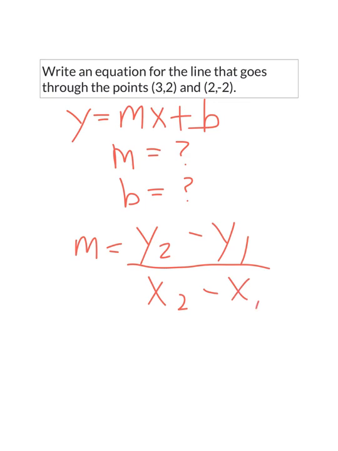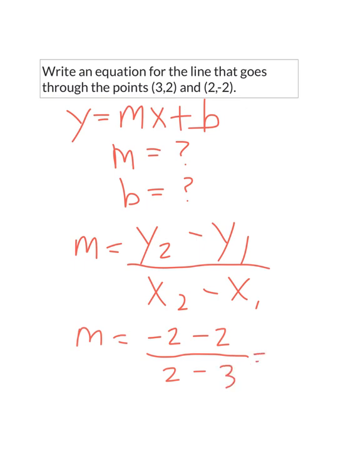Okay, I can figure out the slope. m equals, let's see, up here, y2 is -2, minus y1, which is 2, over x2, which is 2, minus x1, which is 3.